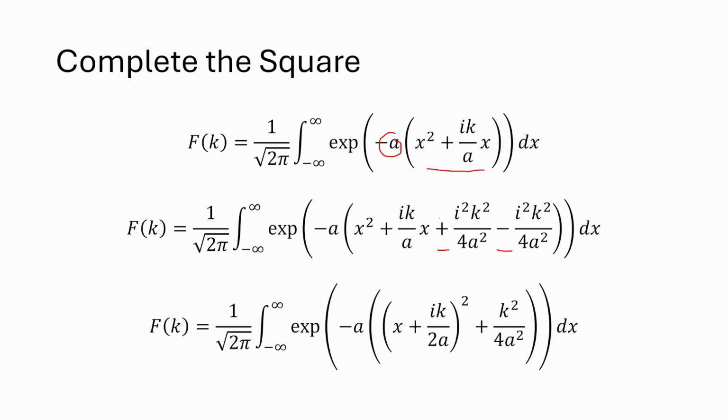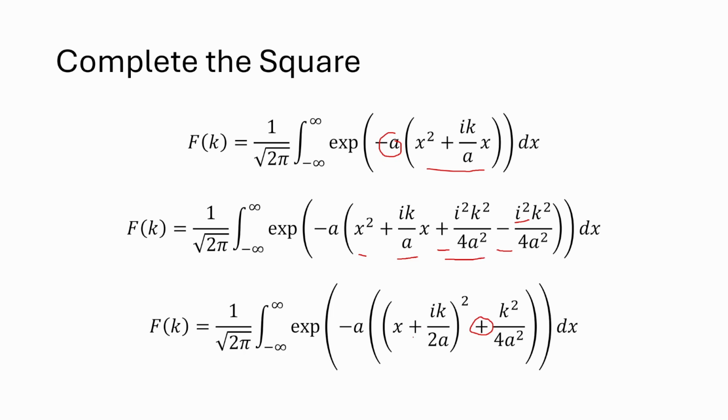And when we do this, then two things happen. First, this term on the right, I have now written my i squared as -1. So I'm going to have negative, negative, and that turns into the plus k squared over 4a squared on the right here. And then the left term, these three things, x squared plus ikx over a plus i squared k squared over 4a squared, that is a perfect square.